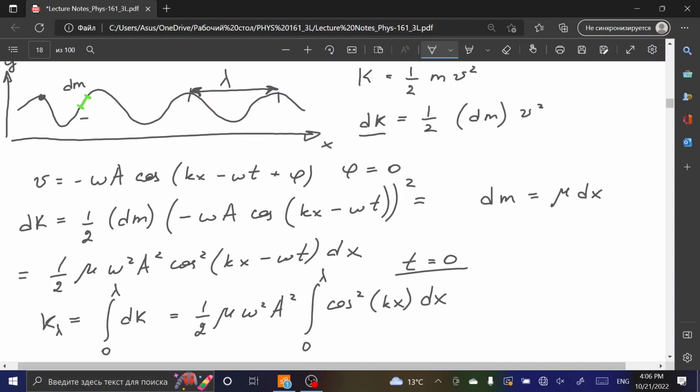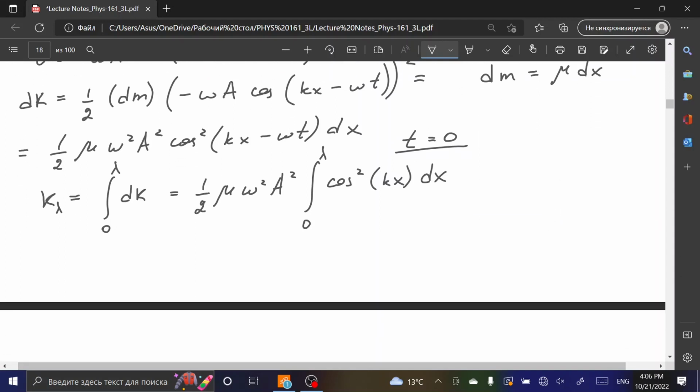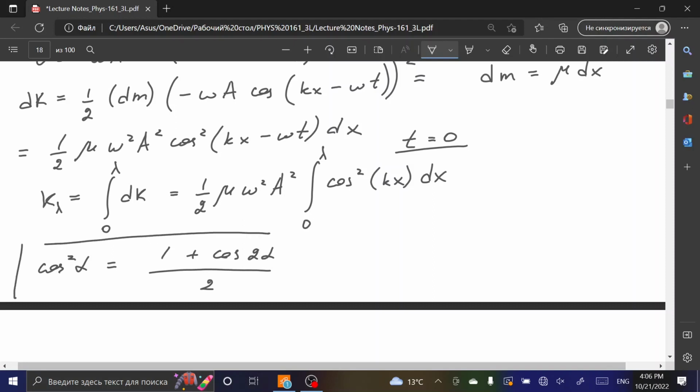Now, we consider the trigonometric identity that cosine squared alpha is equal to (1 plus cosine 2 alpha) divided by 2. So we can transform this integral into two integrals because we have two terms here.